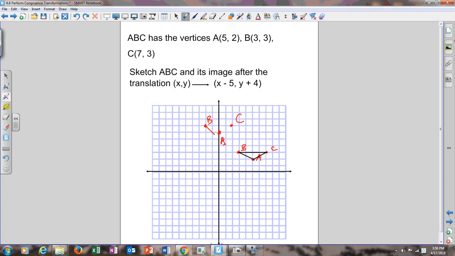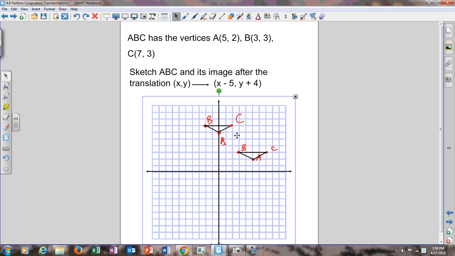Okay, now we make a dot, or make lines in between each dot. This one's off a little bit.